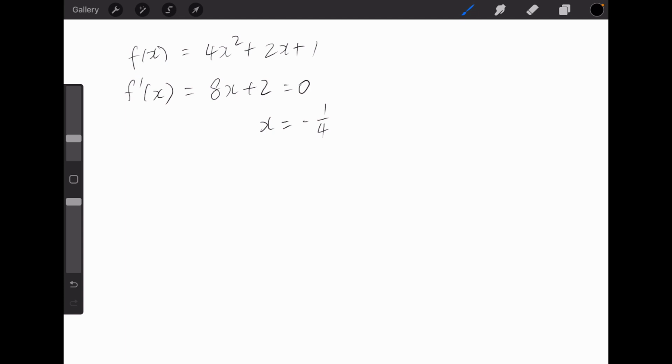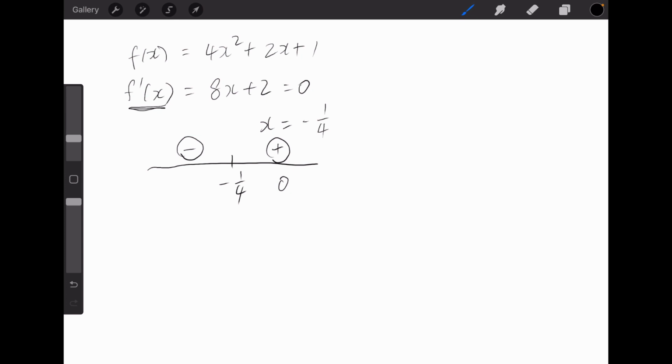And the next step is to see whether the function is increasing or decreasing. So for a number greater than negative 1 over 4, let's just say 0, if I plug 0 into the derivative of f of x, I will get a positive number. And if I plug in a number that is smaller than negative 1 over 4, I will get a negative number.